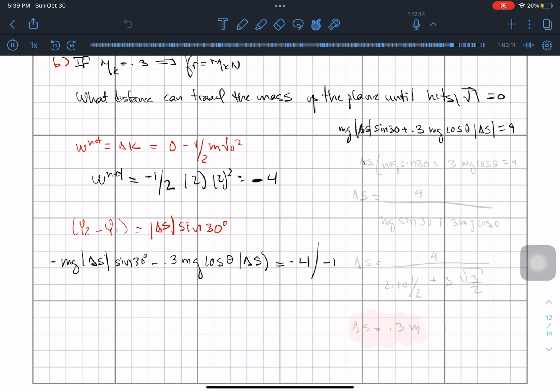This is the same as saying delta s times mg sine of 30 plus 0.3 mg cosine of the angle equals 4. So we can say that the displacement is going to be equal to 4 over mg sine of 30 plus 0.3 mg cosine of 30.